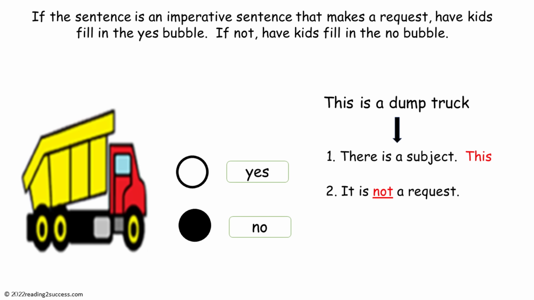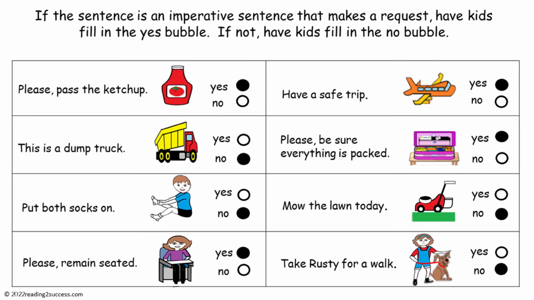Read the second sentence with kids. This is a dump truck. 1. There is a subject, this, and 2. It is not a request, so the answer is no. This is the completed practice page.